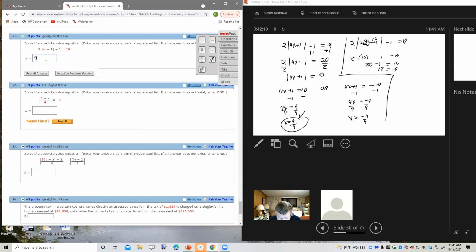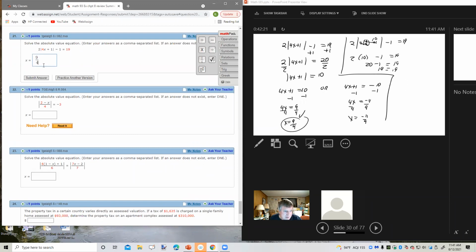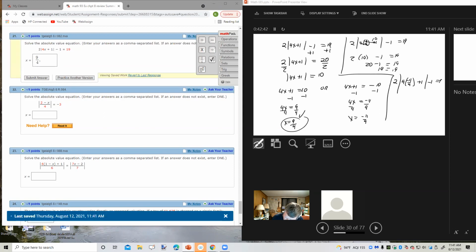9/4. It didn't say anything about putting the smaller one first. Now, again, I've got to move outside of it to put the comma in. If I put the comma down by the 4, it's going to be wrong. Let's try negative 11 fourths. 2 times absolute value 4 times negative 11 fourths plus 1 minus 1 equals 19.